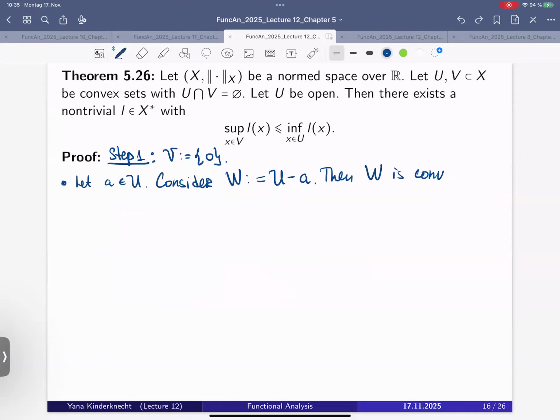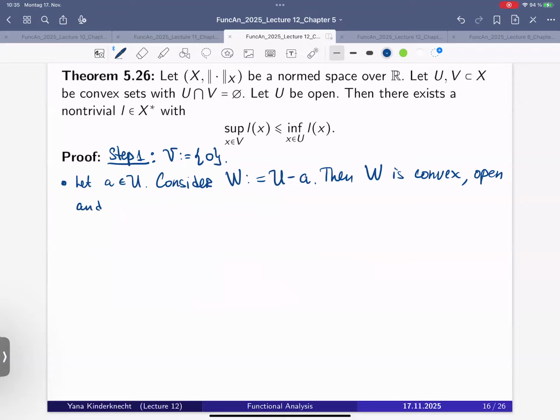Again, you may consider it as an exercise that if we have a convex set and we shift it by a vector, then we again obtain a convex set. If U is an open set and we shift it, we obtain an open set. So W is open.